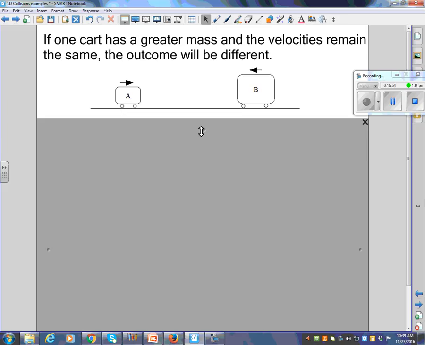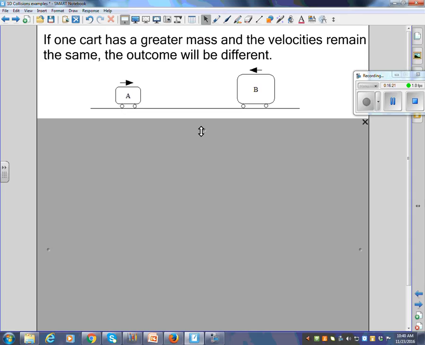If one card has a greater mass and the velocities remain the same, what will the outcome be? So I'm going to go get out the 500 gram weight. Okay, so now the card on the left, no, I wanted the card on the right.